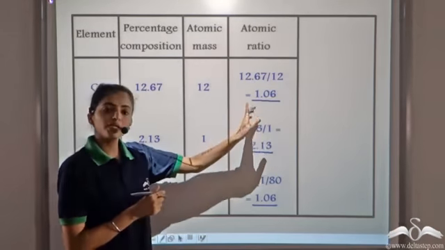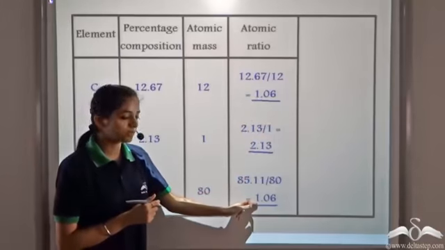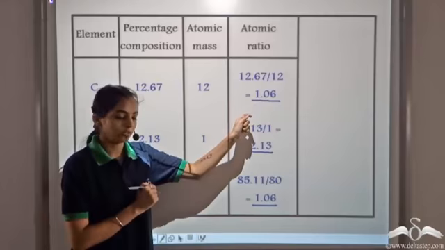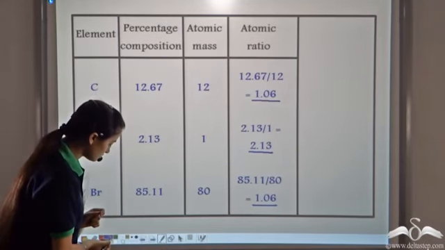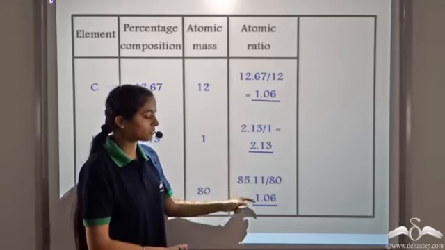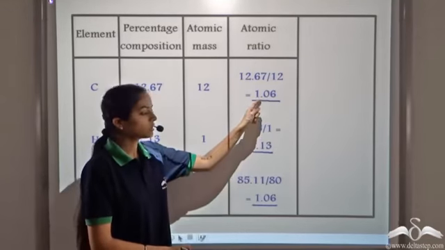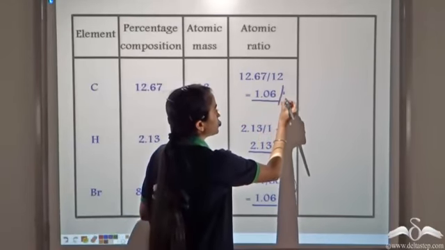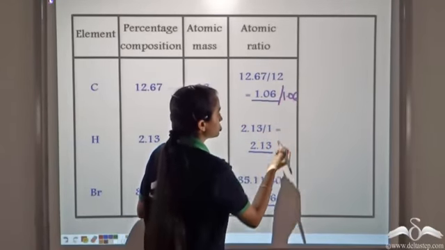So to get the simplest whole number ratio from these numbers, we divide all these numbers by the smallest of the three. So in this case, we observe that out of 1.06, 2.13 and again 1.06, 1.06 is the smallest. So we divide all the three by 1.06.